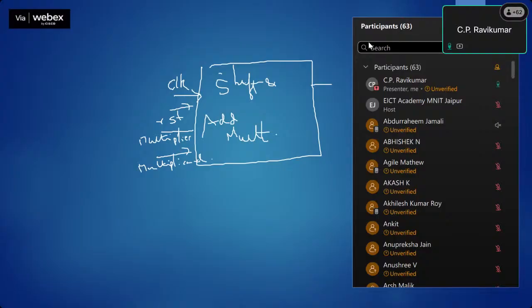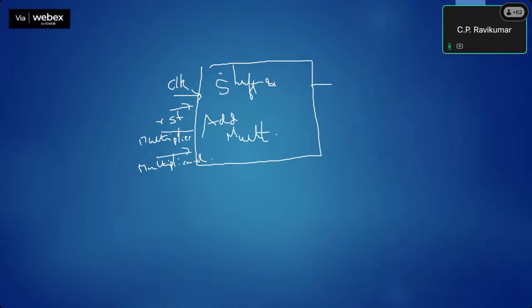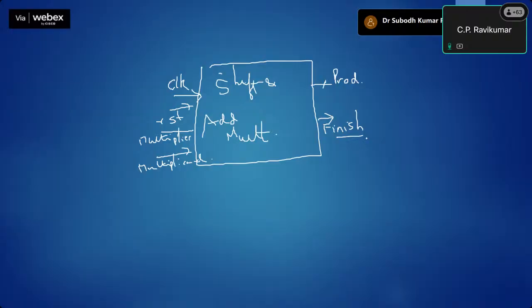And what will it produce as output? It will produce a product. And maybe it can also say that I am done, finished, I am ready with the product. Because it's a sequential logic, it may need to say something like I am done.